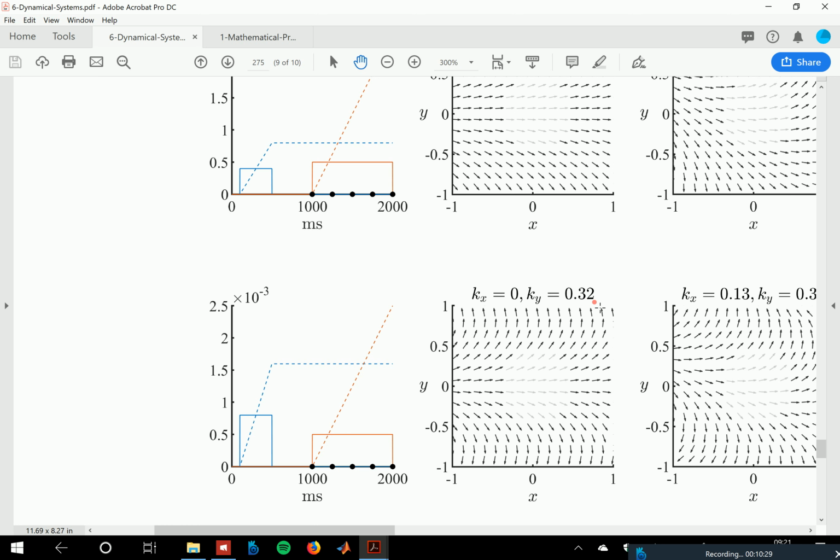0.32. Actually, on a side note, the value of ky and also kx depends, of course, on the height of the gradient and how long it is turned on. So in principle, you can get to 0.32 also by leaving on this amplitude of the Y gradient for double the amount of time. So that's also sometimes used in sequence design.